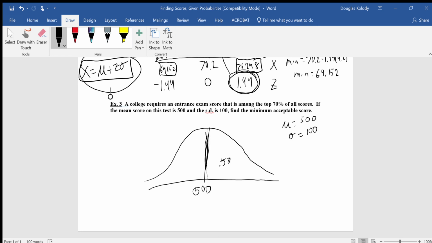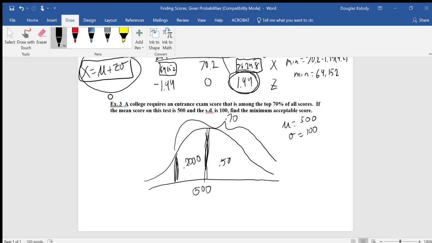So a line that would accept the top 70% must be down here somewhere, where 70% of the scores are above this line, which means 50 plus, wait for it, 20 adds up to 70. But you know what I do? I write 0.2000. You know why I write my area in as 4 decimal places? Because my z table displays the areas using 4 decimals.